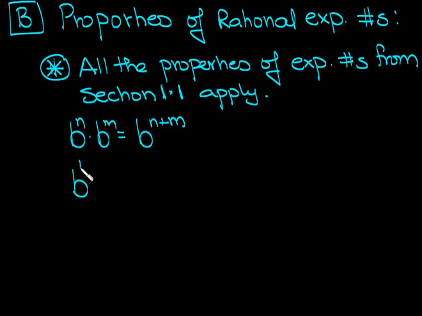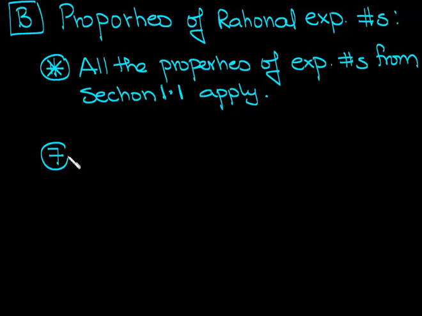So now we have b to the 1 over n times b to the 1 over m. Well, it will be b to the 1 over n plus 1 over m, and so on. So all of those properties are good. Everything works, except we have one new property that we need to worry about. If you recall, last time I had 6 properties, so I'll call this number 7.